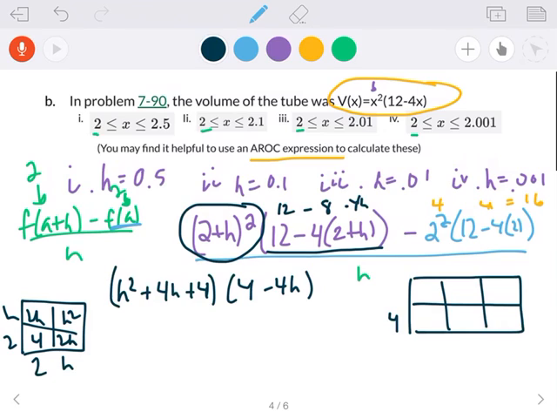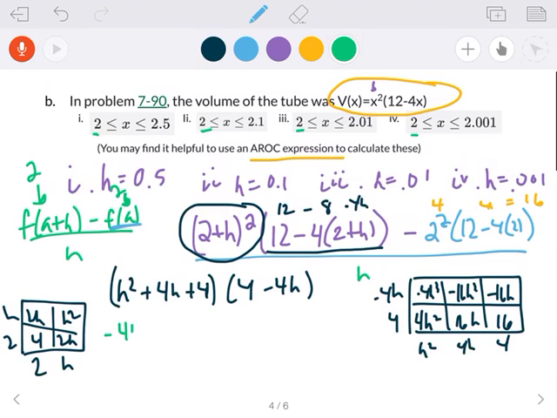I'm going to have 4 minus 4h here, h squared, 4h, and 4 here. When we do all the multiplying, oh boy, 4h squared, minus 4h cubed, 16h, minus 16h squared, 16, minus 16h. And if we write that out, I'm going to use a different color here.